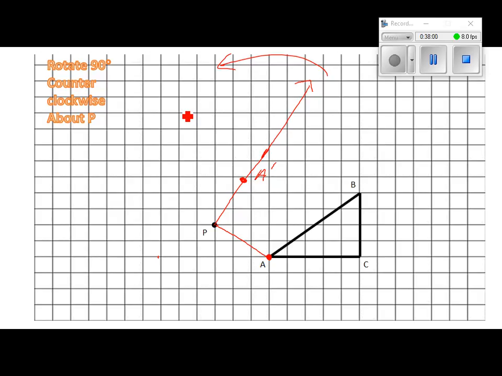Now we're going to do the same thing, but with B. So connect B to point P. What kind of angle are we going to come off of P at? 90 degrees for this problem. If I come up here, it's 90 degrees about there. So it's going to go somewhere about like that.